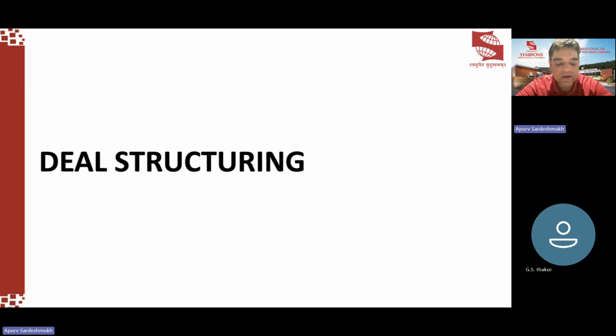Once a target is identified, the next step is to move towards structuring of the deal. How the deal is going to be structured, how are you going to acquire? What is deal structuring? So, what is a deal?